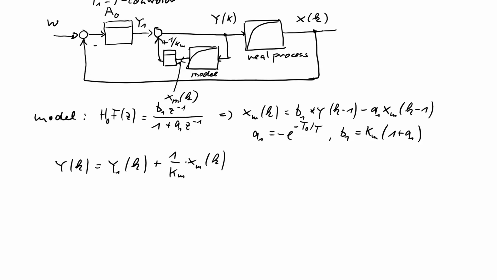Okay, so far. This was a summing point equation at the time point k, but of course, one step before we have a similar situation. All k's have to be reduced by 1. I just make a copy of this equation and get the situation one step before.